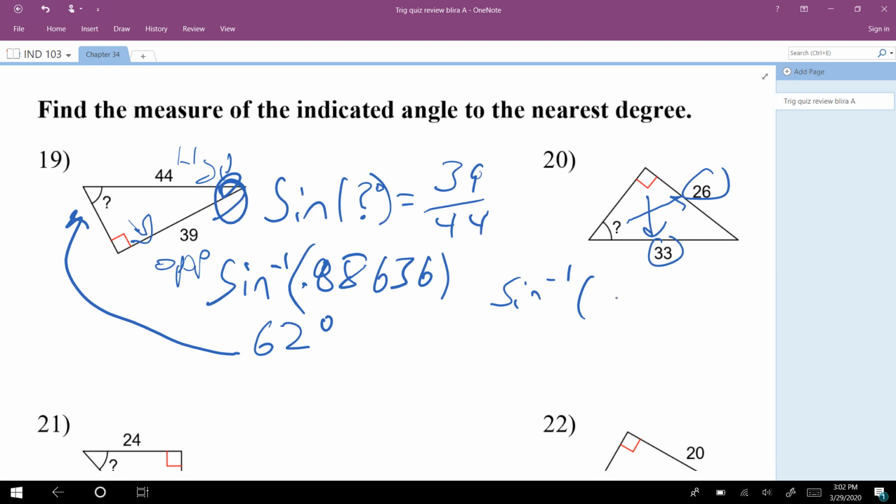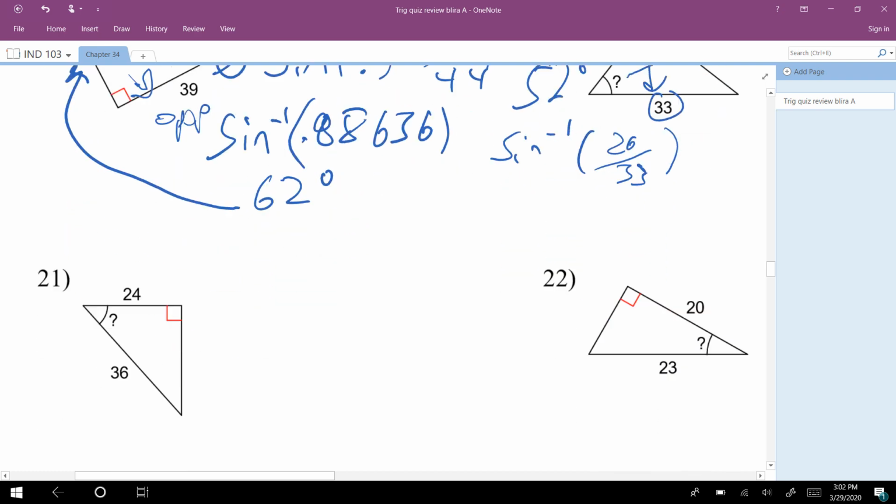So sine inverse, 26 over 33. Close your parenthesis. 52 degrees. That is 52 degrees. Cool.